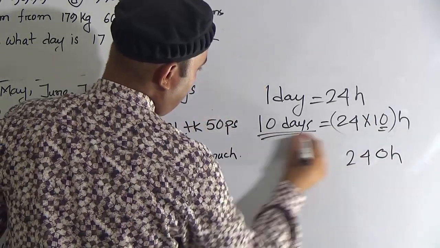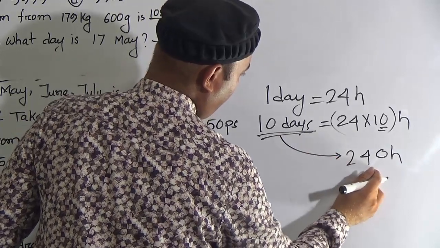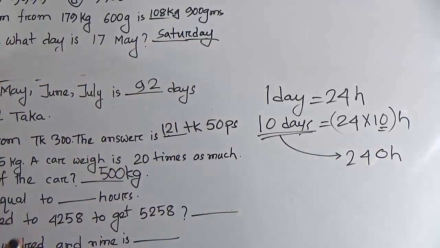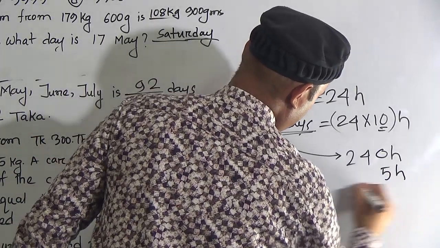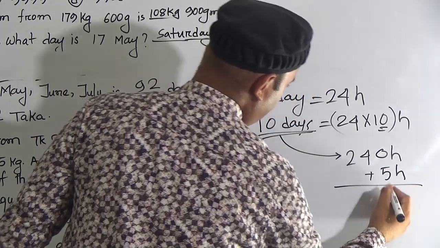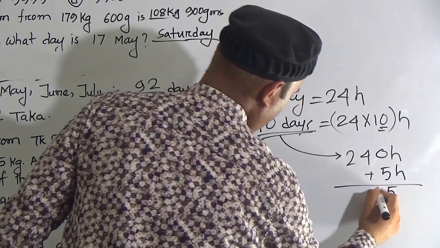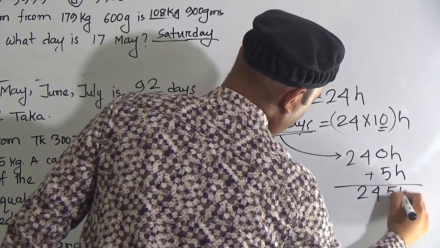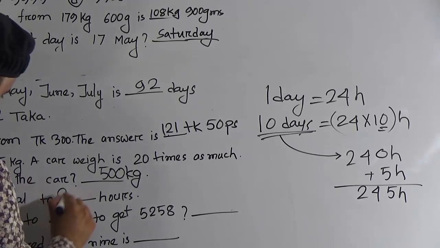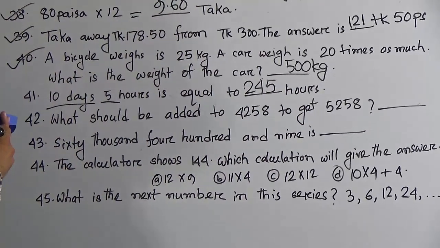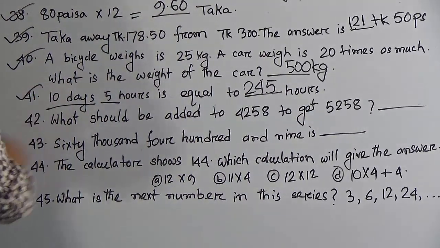So 10 days means 240 hours, and here is 5 hours also. After adding this one, it will be 5, 4 and 2. So 245. 10 days 5 hours is equal to 245 hours. My dear students, hope you understood this one.